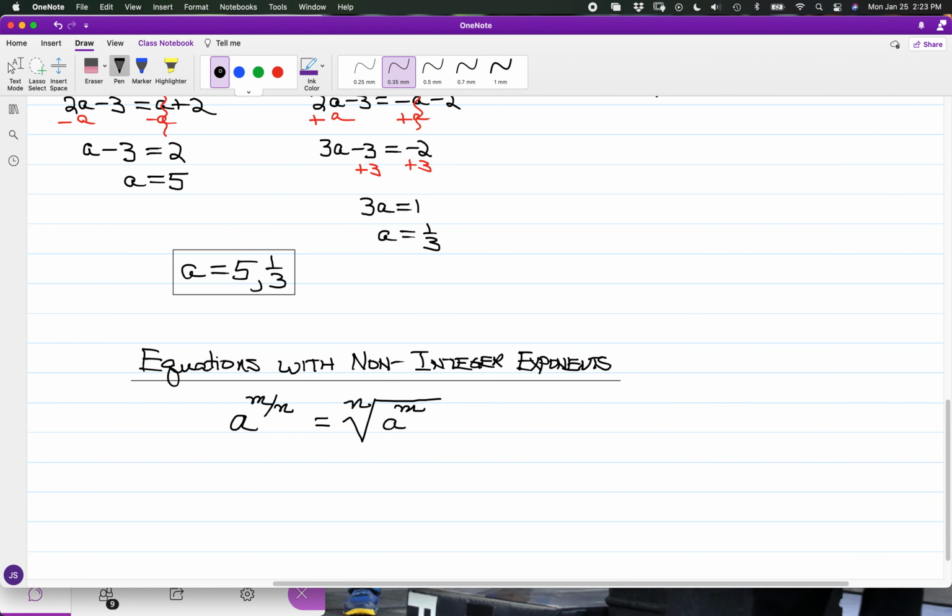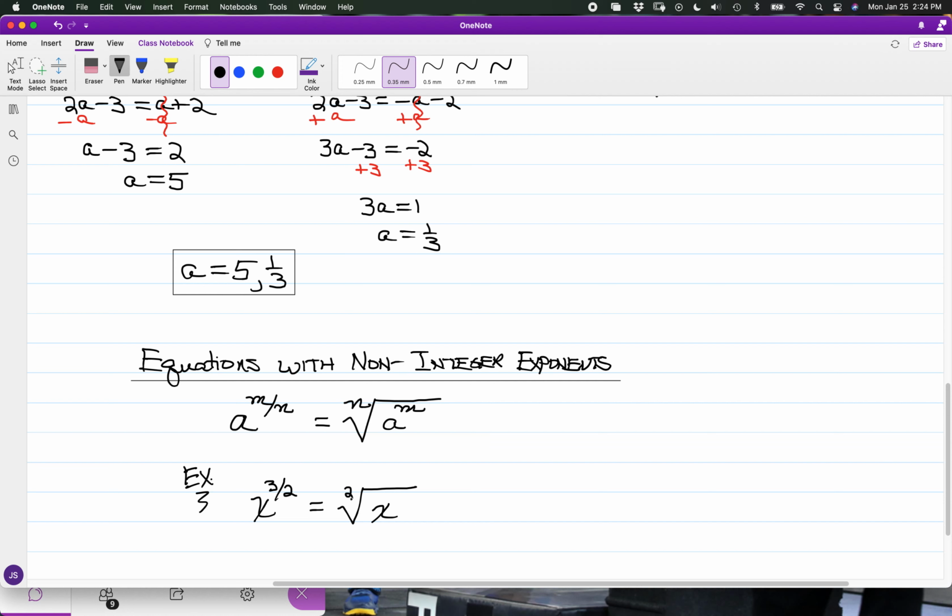And just in the case of examples, if I have something like x to the 3 halves, the 2 is in reference to n, and the type of radical is going to be a second root.